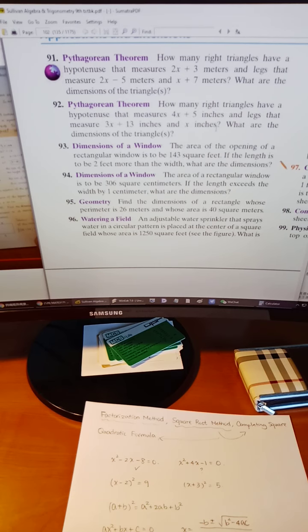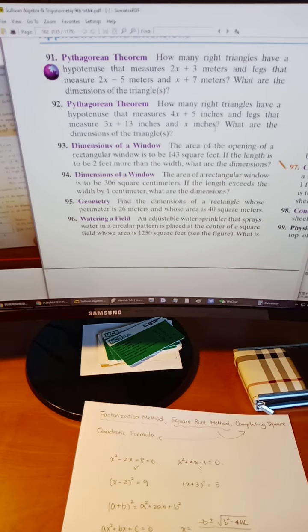What are the dimensions of the triangle? Okay, so this is the problem. You can stop the video and get the problem, and then we will continue. Okay, this is the problem.